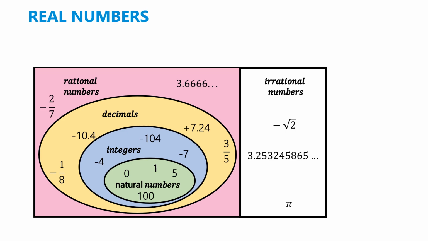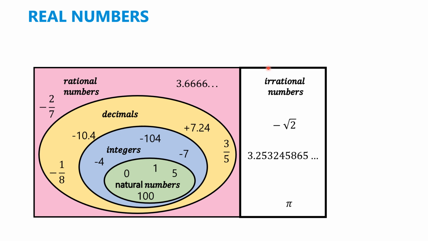So, as we said, real numbers are composed of rationals and irrationals. We usually deal with rational numbers. All the numbers in the rational box could be written as a fraction. These numbers are natural numbers, integers, decimals, and these numbers that don't end but are repetitive.